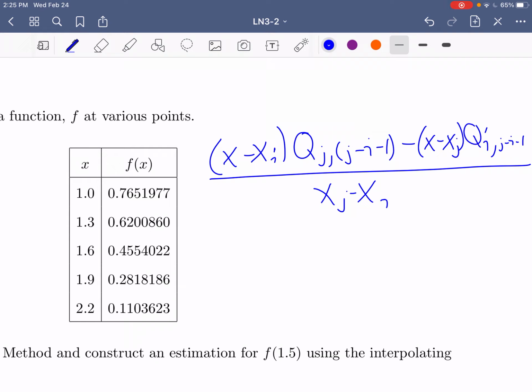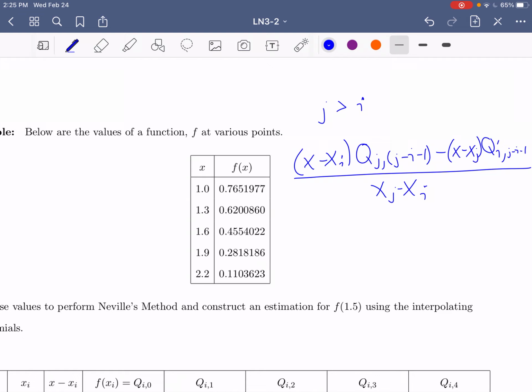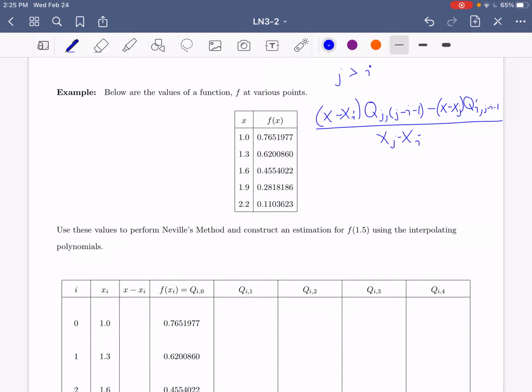So not the difference in the indices, but the difference in the x values themselves. And we will assume that the value j is greater than i, so that we're tacking on an index later on in this process. All right, so here is our example.